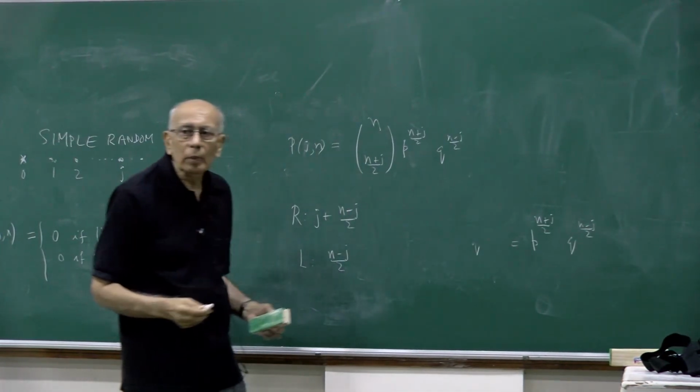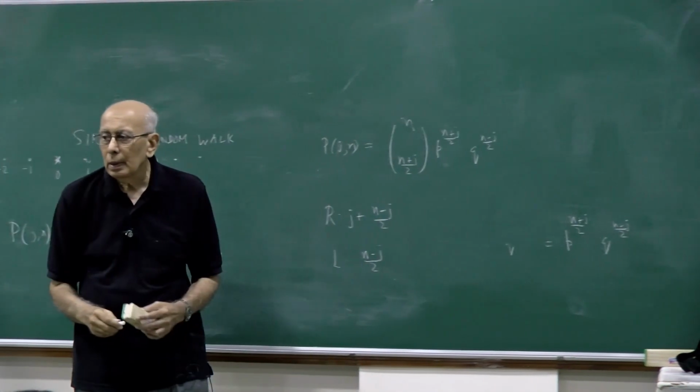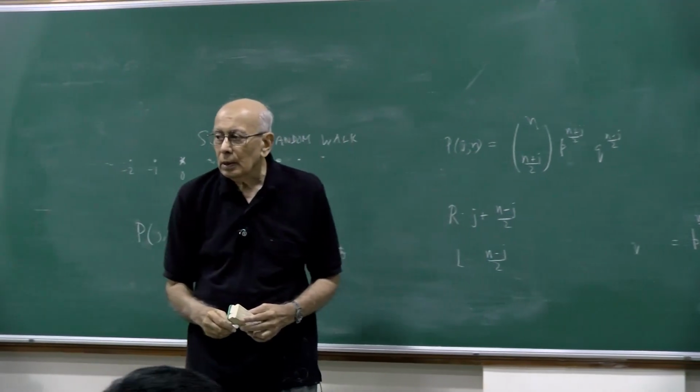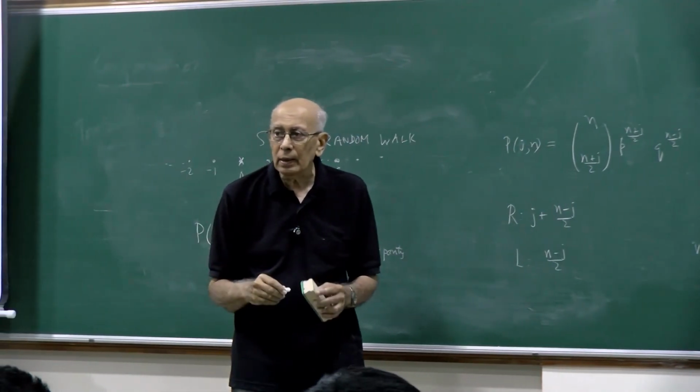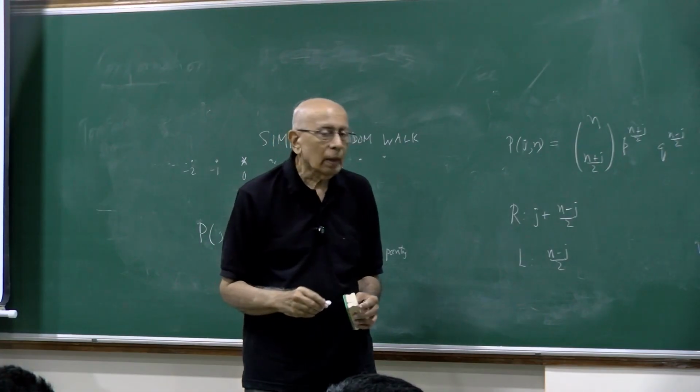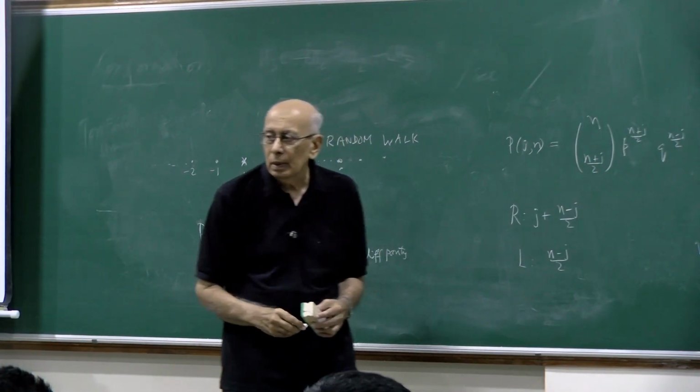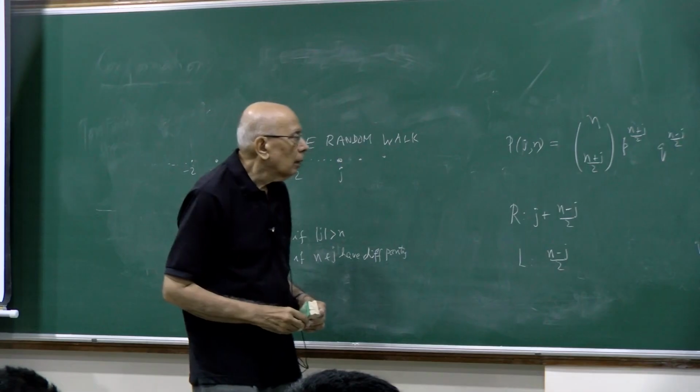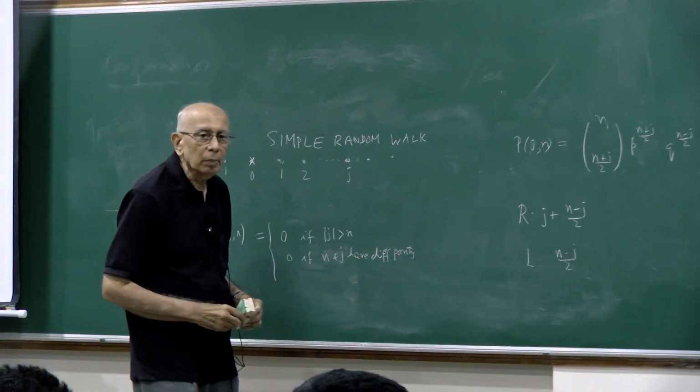This is yet another binomial distribution. This is for all j such that mod j is less than or equal to n and n minus j is even. That's the solution to the simple random walk.